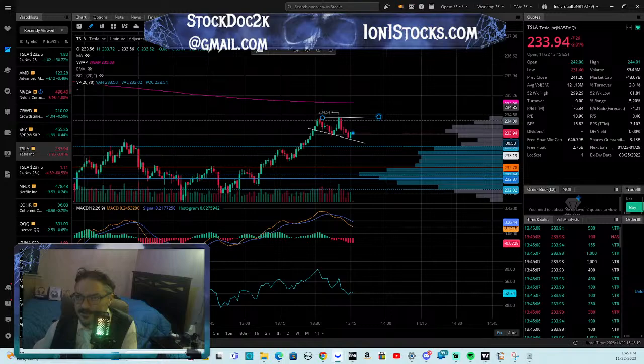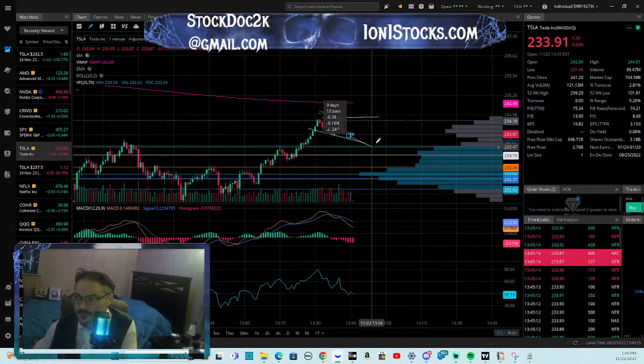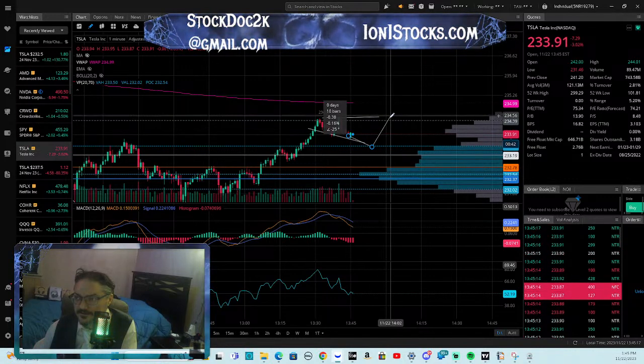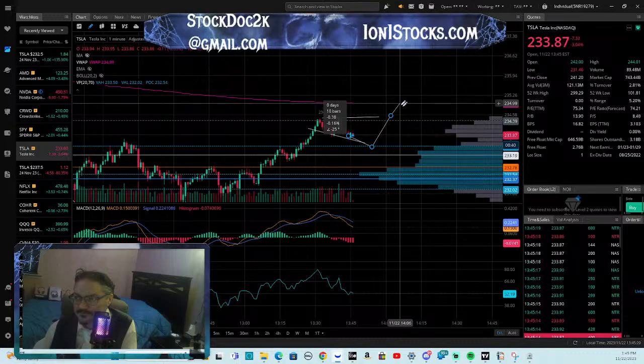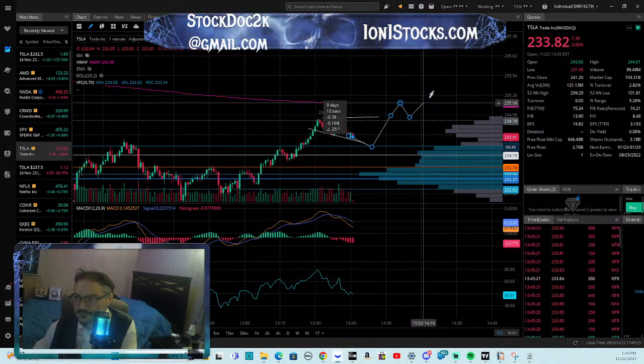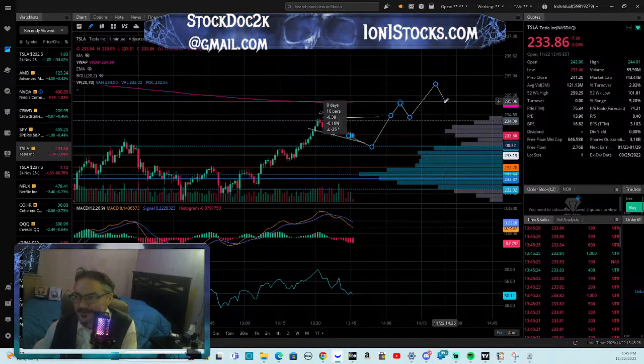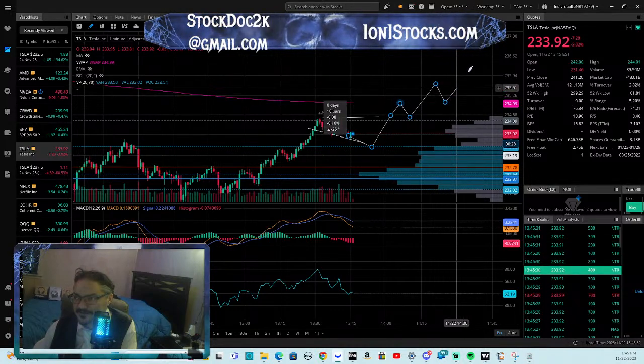So what I can actually see happening is that it comes down a little more, maybe uses this, and then gets a running start. Bounce off the VWAP, go through the VWAP. Hopefully, this is all potentiality. It's not a set in stone thing.